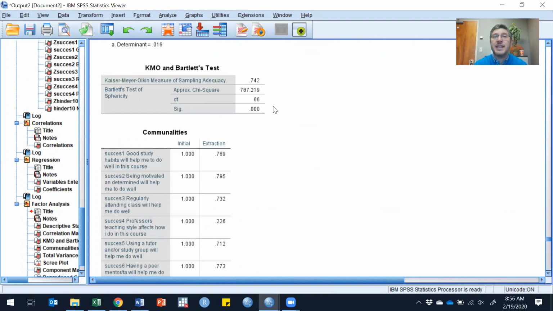We also get the Kaiser-Meyer-Olkin measure of sampling adequacy and Bartlett's test of sphericity. So the KMO here measures how well your data are suited for factor analysis. You can kind of interpret this as the proportion of variance among the variables that might be caused by, say, the underlying factors.